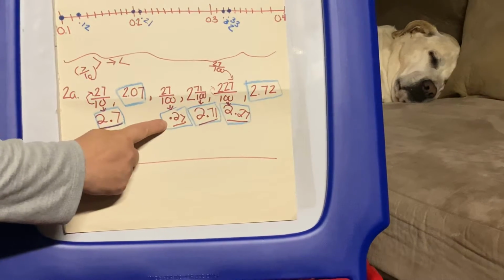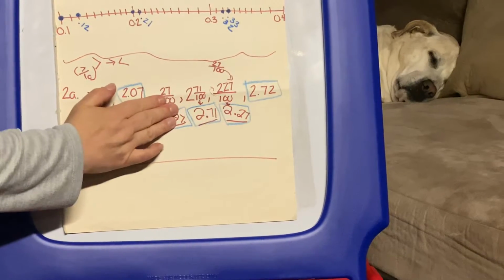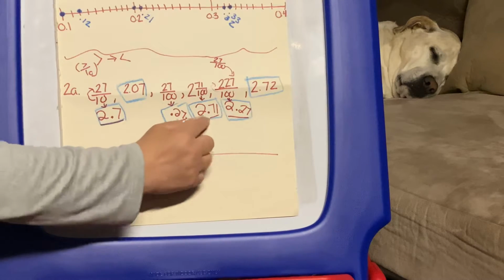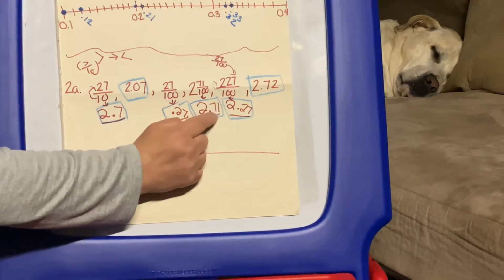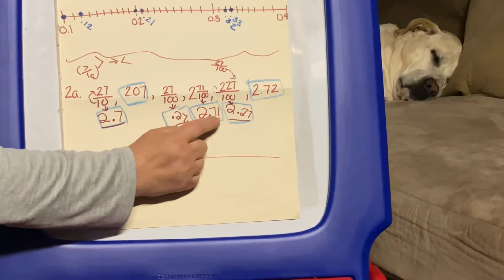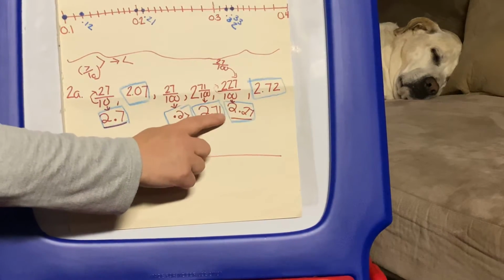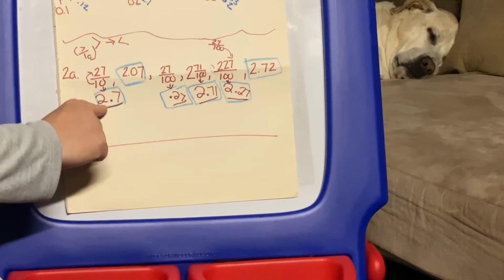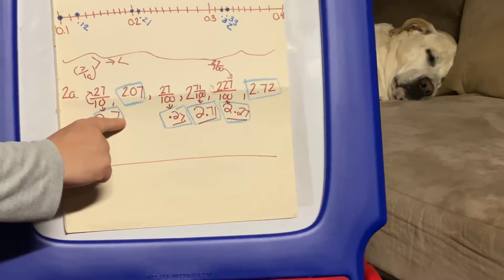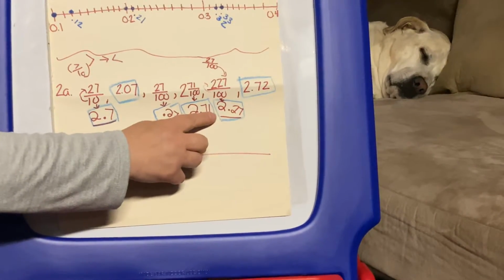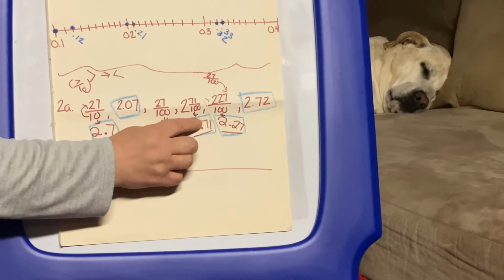Now, 0.27, it doesn't have a whole number, so we know it's still small. I'm looking here, 2.7 and 2.71. This number is bigger than this number because it has just that extra little 1 there. So this would say this costs $2.70. This costs $2.71. This one would cost more, it's bigger.